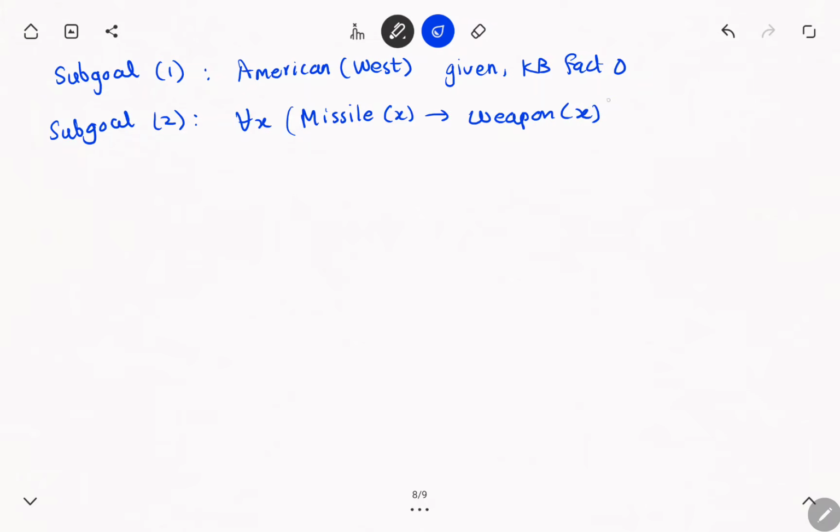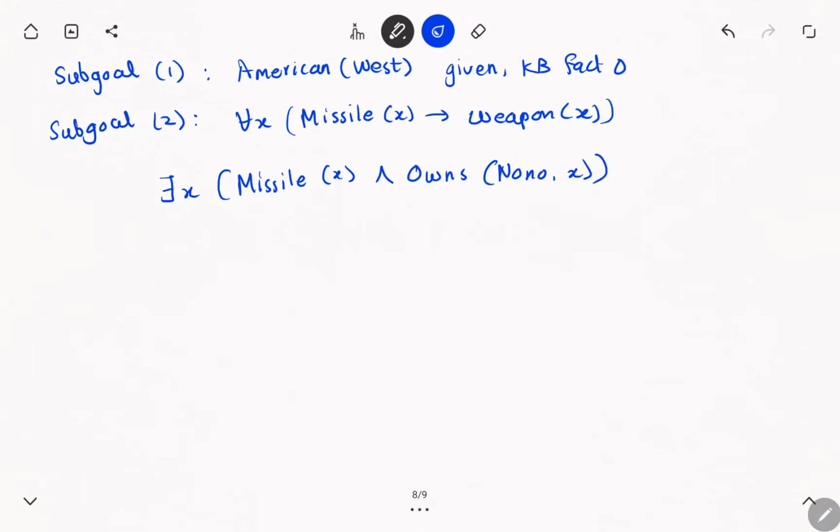All missiles are weapons. So for this, I need clarity on Missile(x). So therefore, I know I have this rule: there exists x, Missile(x) and Owns(No, x).